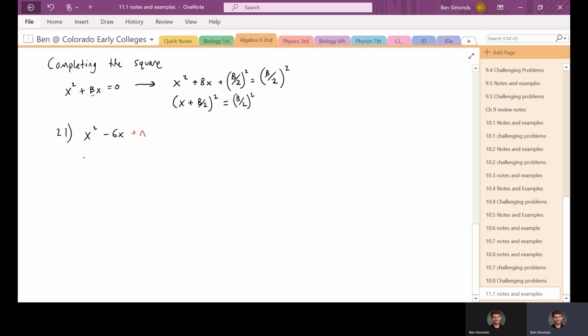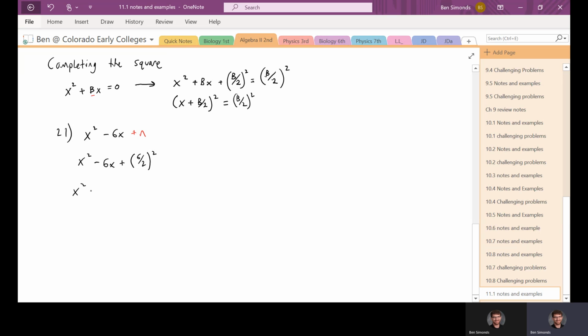What that means is we need to take whatever is multiplied by the single x term, which in this case is 6, cut it in half and square it. That's what we call completing the square.